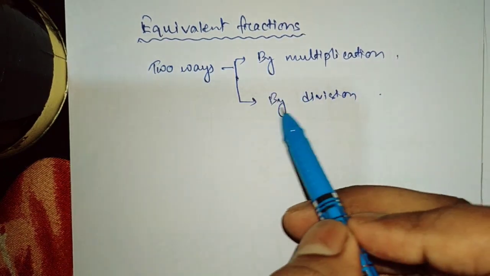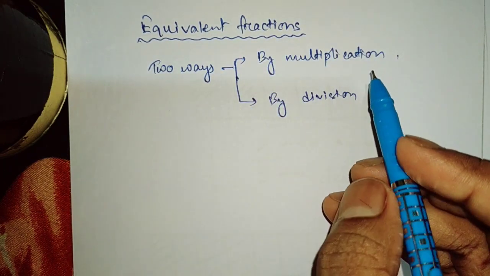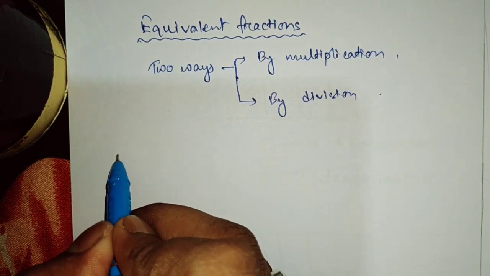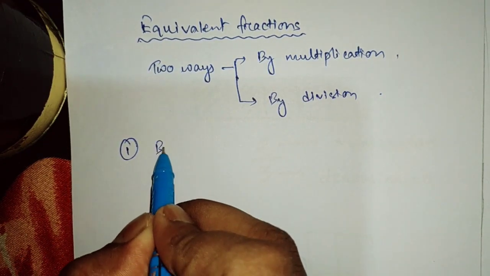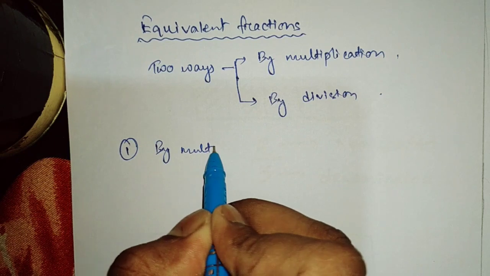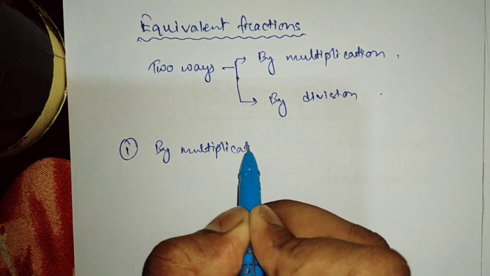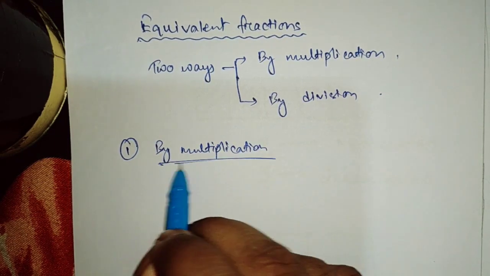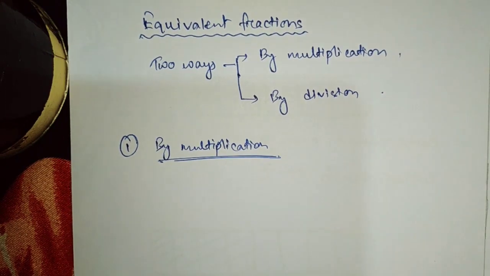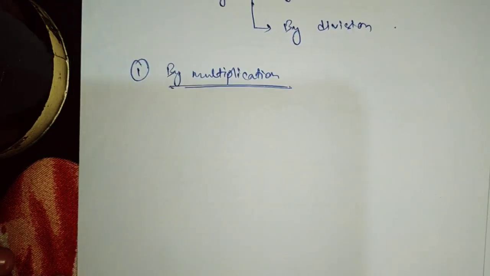Okay, these are the 2 ways by which we can find an equivalent fraction. So let's talk about multiplication first. By multiplication, how to find equivalent fractions?